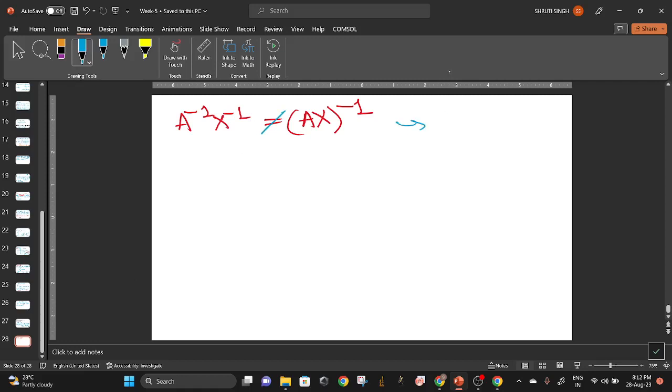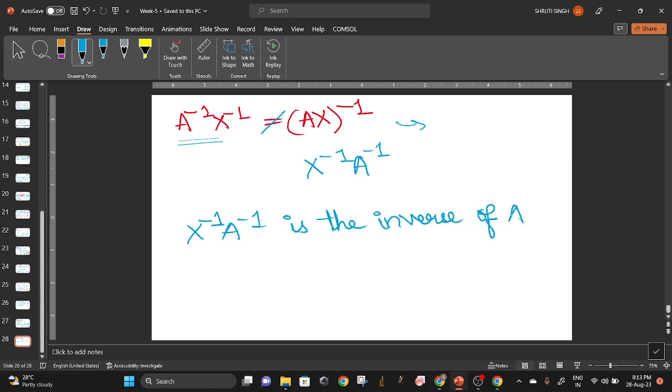The correct answer should be X inverse A inverse. So when we find the inverse of a product of matrices, it is the product of the inverses of those matrices in reverse order. So X inverse A inverse is the inverse of AX. This is what it actually means.